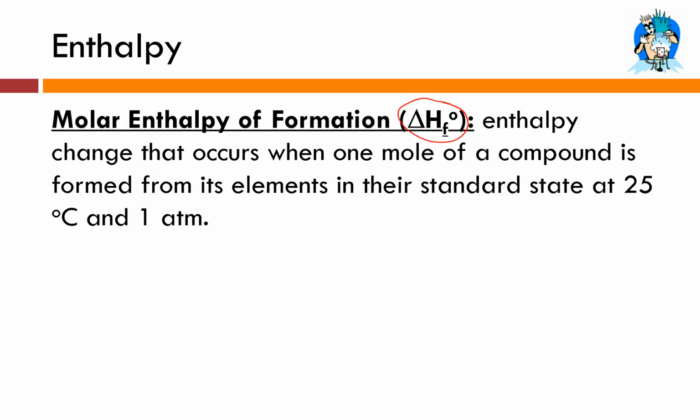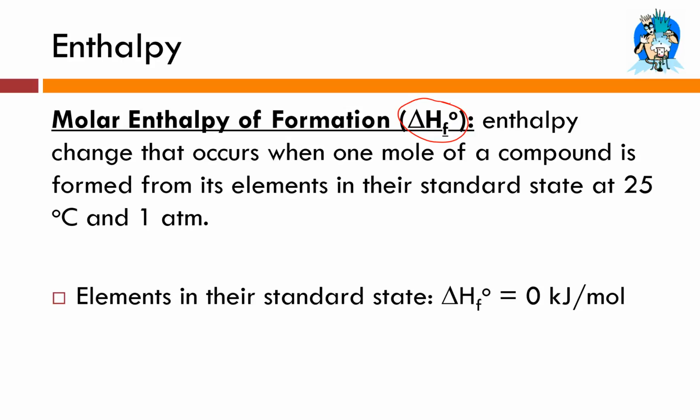Sometimes when you make a compound, it is formed exothermically, and joining the elements together is going to release energy. Other times when you form a compound, it occurs endothermically. So when you take the original elements and you combine them, energy is absorbed from the environment or from the surroundings.